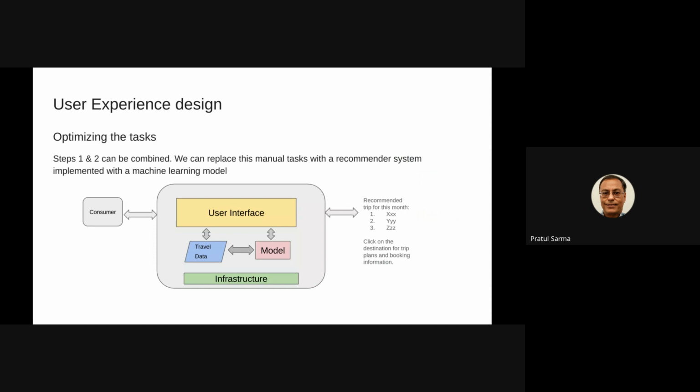Then the user can click on the individual trip to get more details on trip plans and booking information. So this system will have a machine learning model and will use historical travel data and other environmental information, which will basically be used to provide the recommendation.